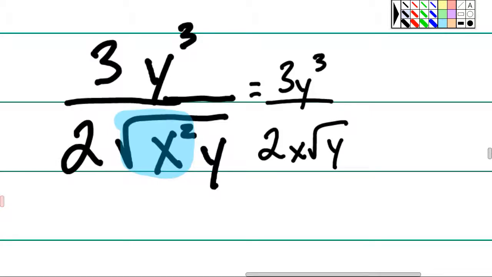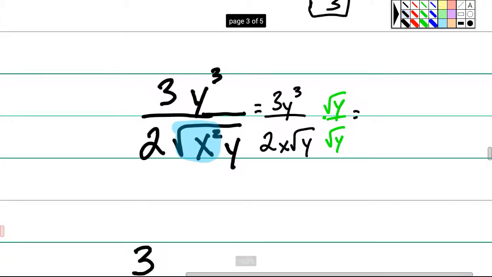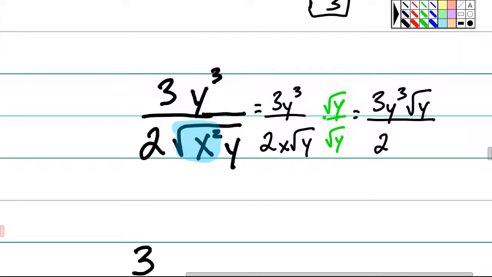Don't like that root y, so I multiply top and bottom by square root of y, square root of y. And then we've got 3y cubed root y all over 2x, and we know that root y times root y is just going to be a straight up y on the outside.